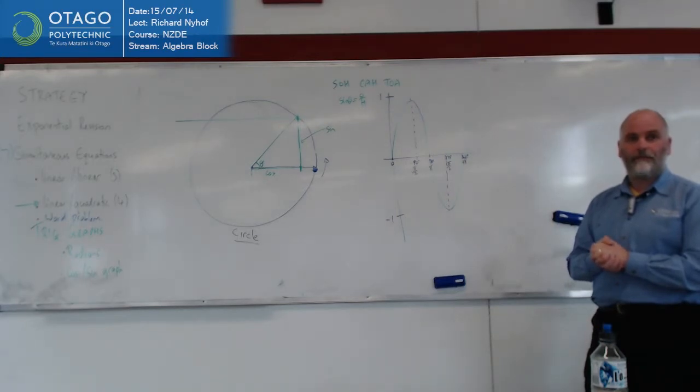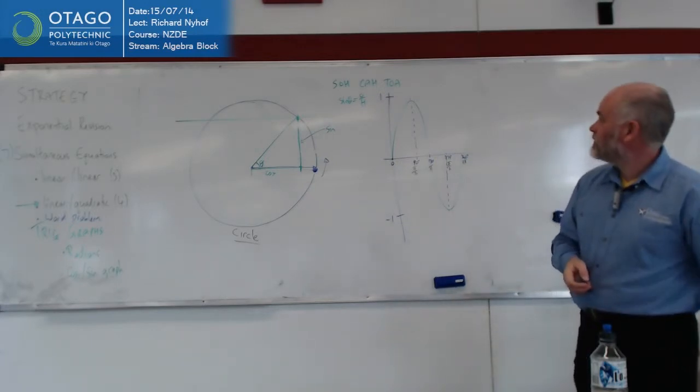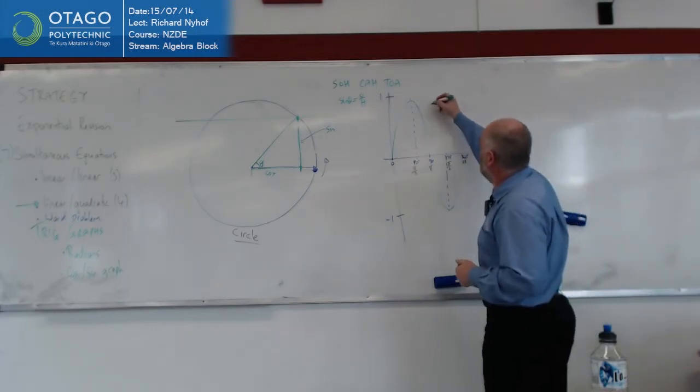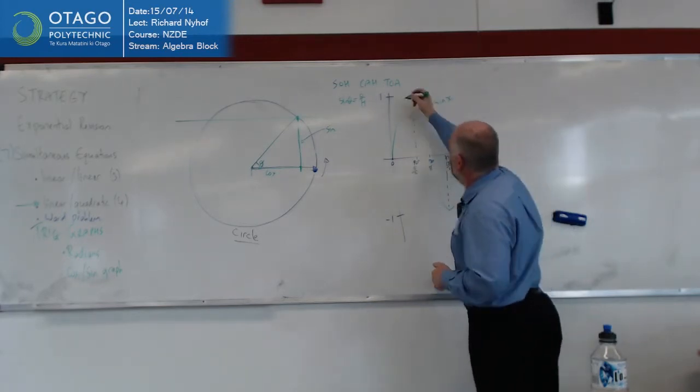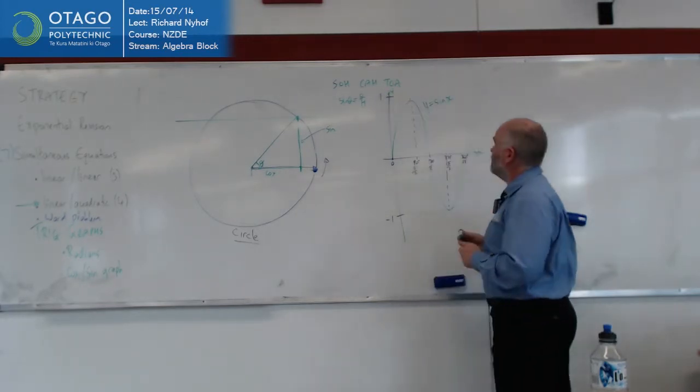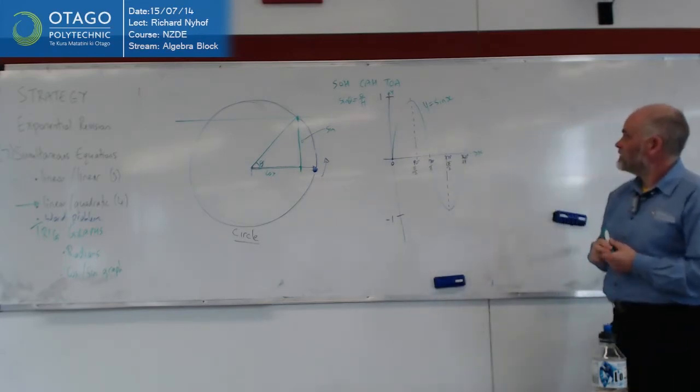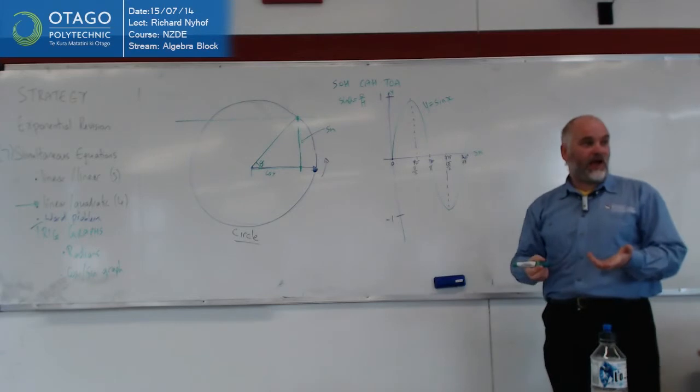Yep. So that's the curve. That's the sine curve. This is x, and this is y. That's y equals sine x. Okay? So that's answering the question, how far up am I?